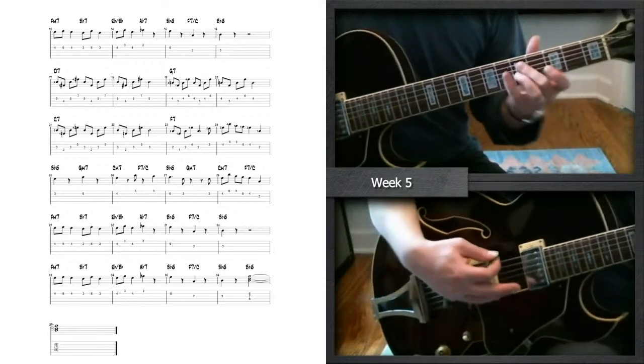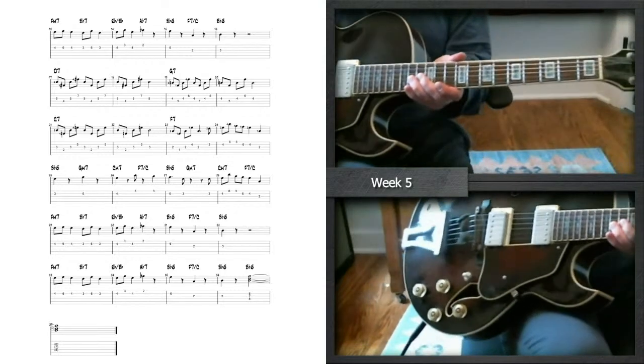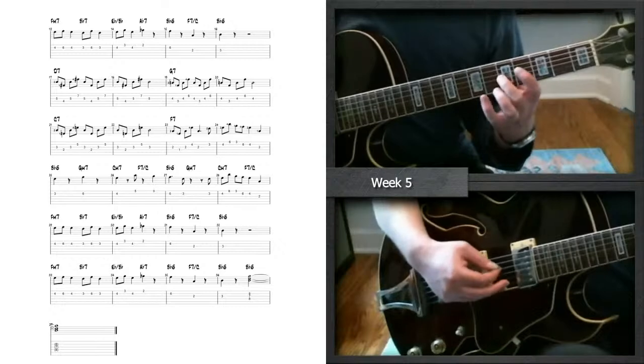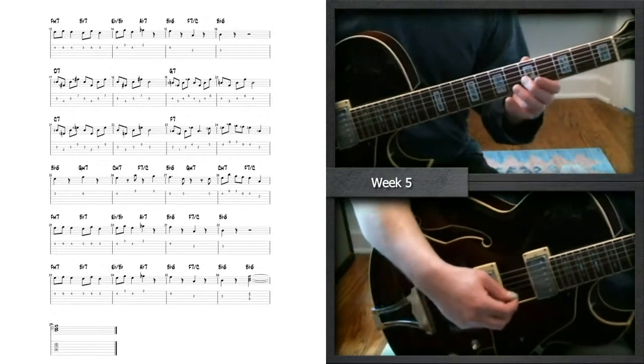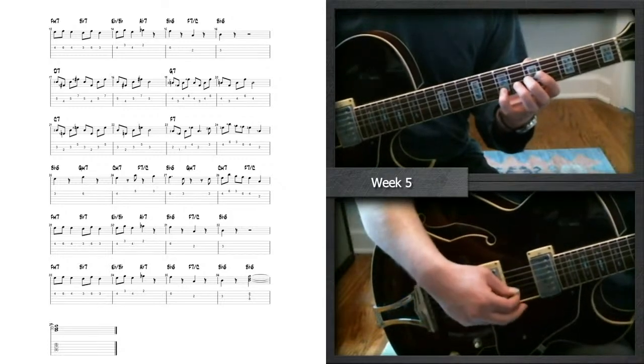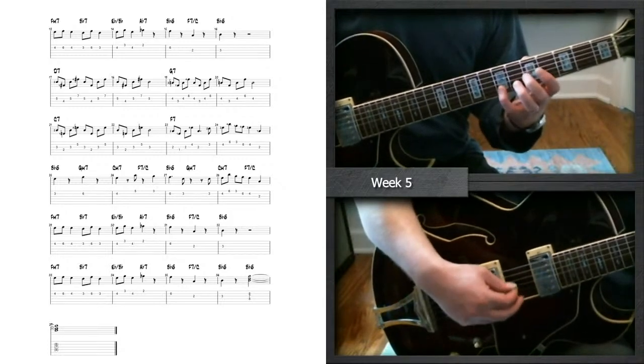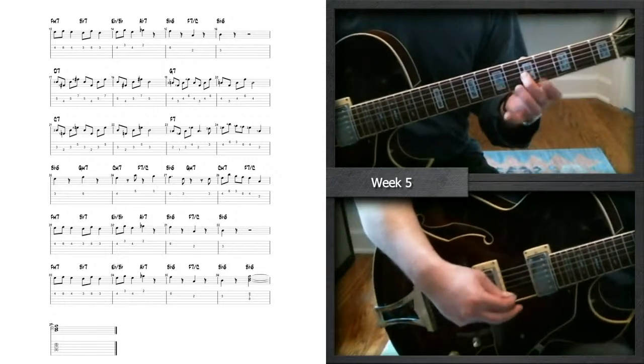Like I said, that's the importance of the arpeggios. The more that you see that, it's just like, oh, there it is. Right, so flat 7, third, flat 7, third up a whole step. 1 and 2 and 3 and 4 and 1 and 2 and 3 and 4.